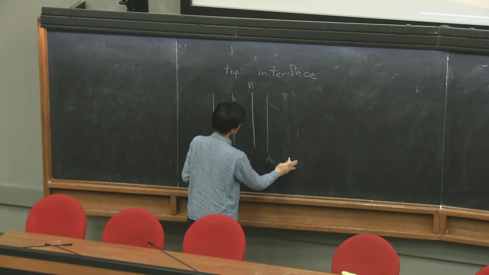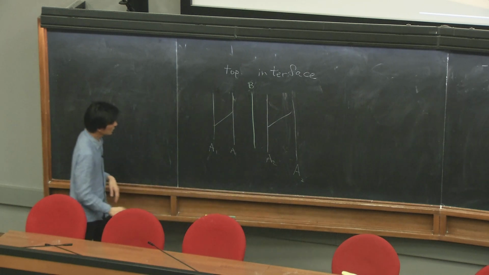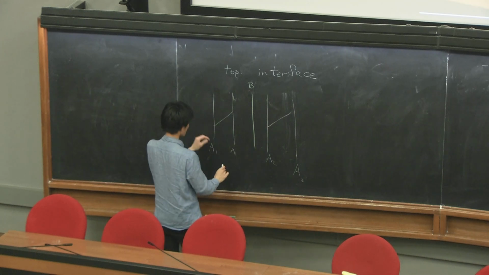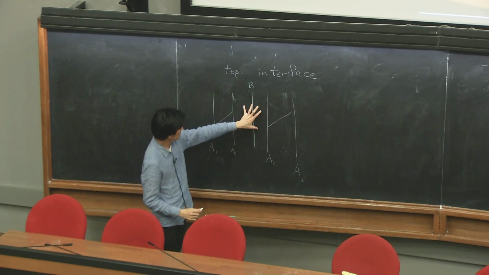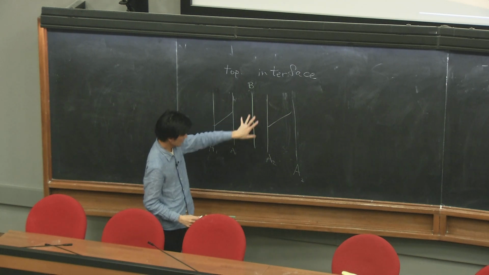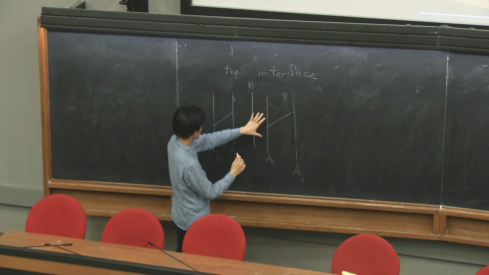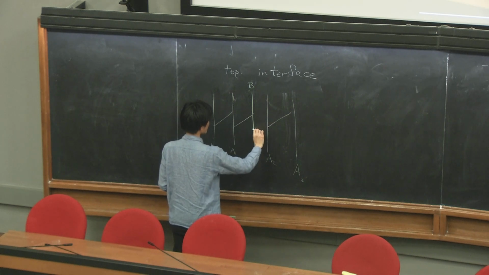We have the same kind of bulk Hamiltonian terms, and we want to be able to write the Hamiltonian term, or transfer matrix, here. So we want to do something like this.